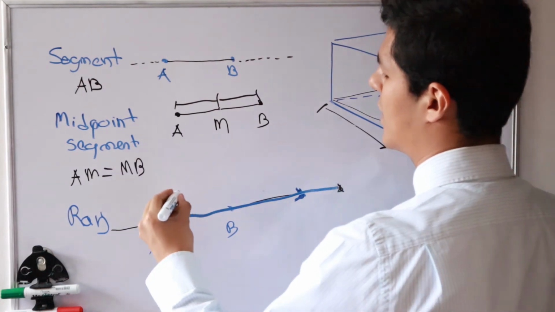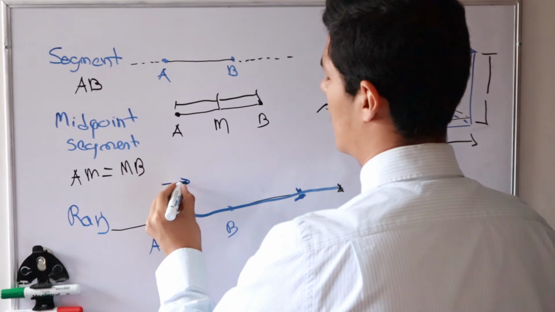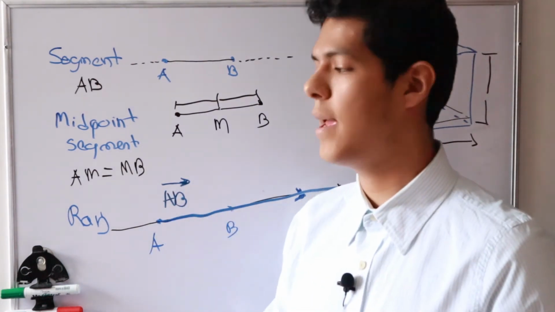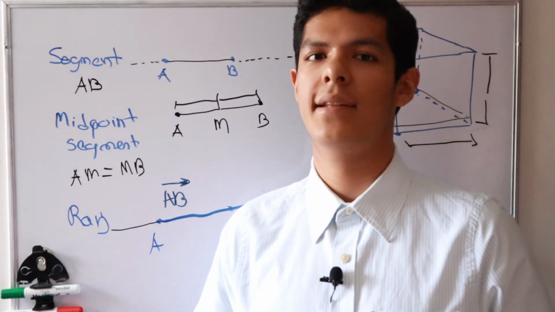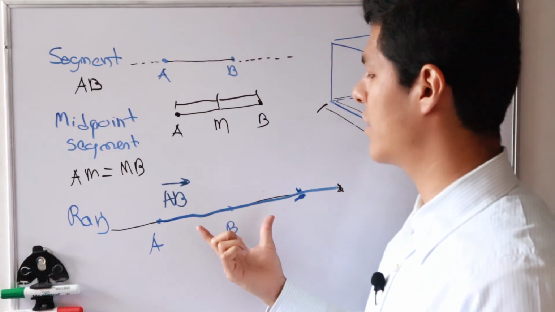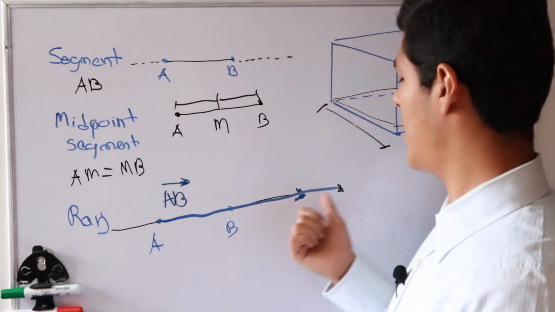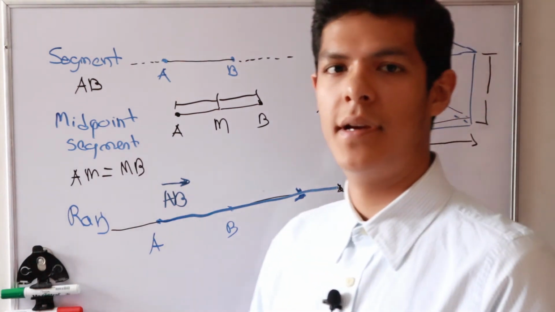So we have that the ray AB, with the beginning at A and the direction of B, would be this following form. It is a part of a line, as you can see, that goes forever but in one direction. In this case, it is in the direction of B.